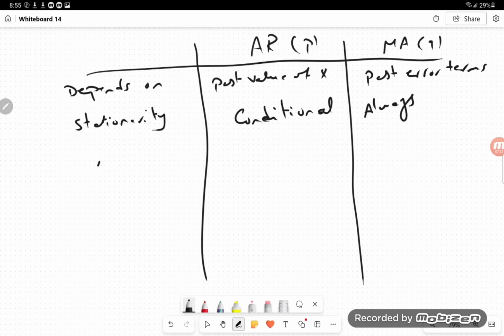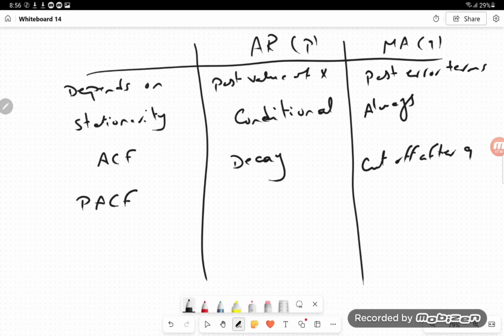With respect to the ACF, in AR it decays gradually, while in MA it cuts off after q. And for PACF, in AR it cuts off after p, while in MA it decays gradually. So these are the main differences between AR and MA.